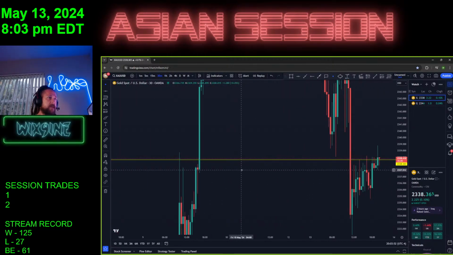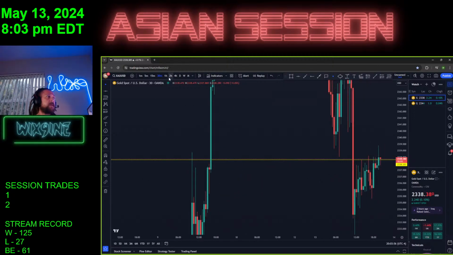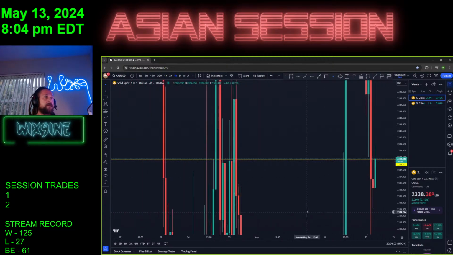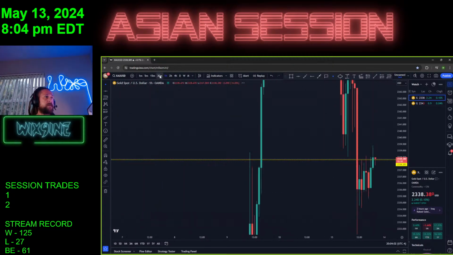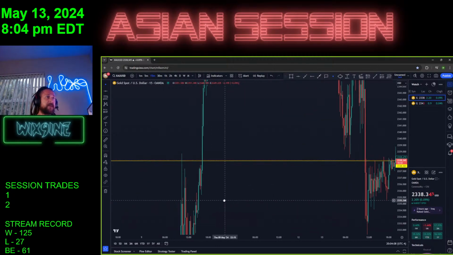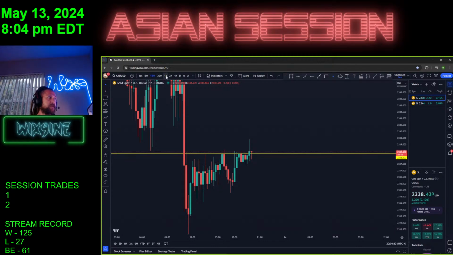Close above there. Oh wow, this is interesting. I'm thinking of taking buys up here. I just want to see how this lines up with the futures chart, and it probably doesn't really.